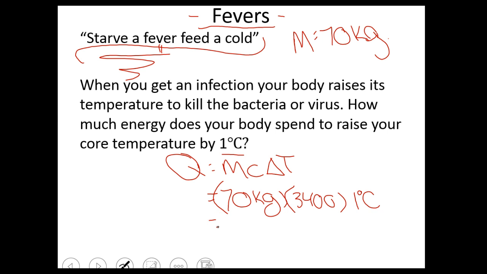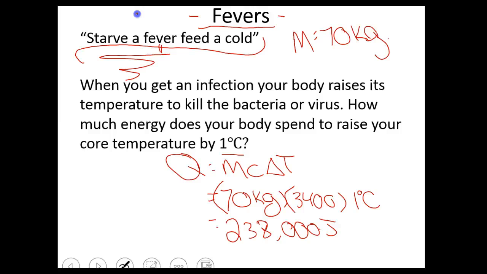Right? And once we do 70 times 3,400, we find that it takes 238,000 joules just to raise your body by 1 degree. Now, if you're eating on a regular basis, then this energy is readily available for you to run a fever. But if you're not eating on a regular basis, then your body's going to start burning that energy from fat.